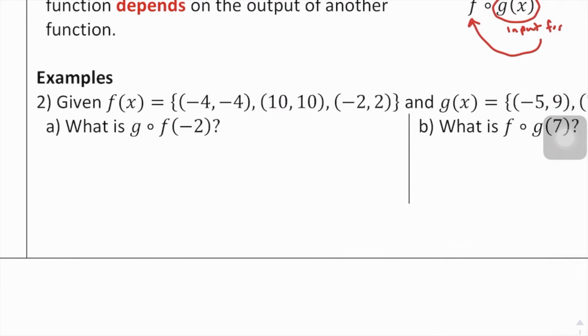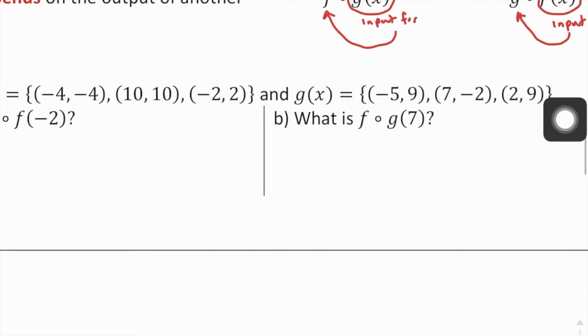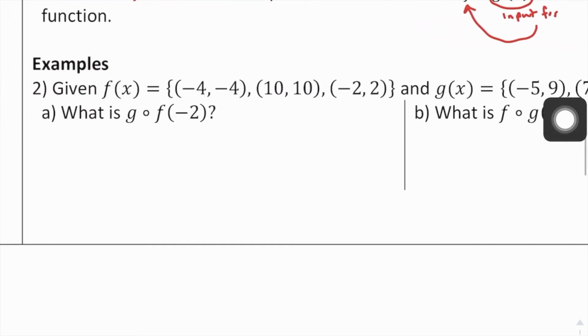All right, so let's take a look at this next example. So it says given f of x equals these 3 ordered pairs and g of x equals these 3 ordered pairs, we're going to have to evaluate some composition. So this first one says, what is g of f of -2? Well, if it helps, I like to think of this as g of f of -2, and then I like to break down the colors here.